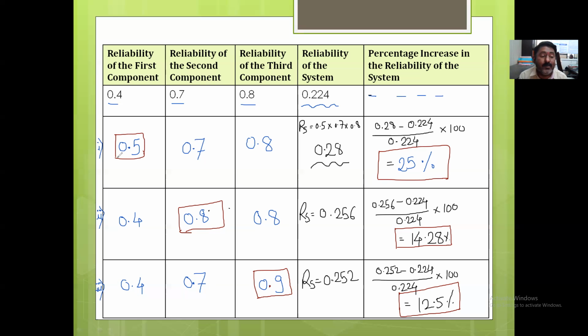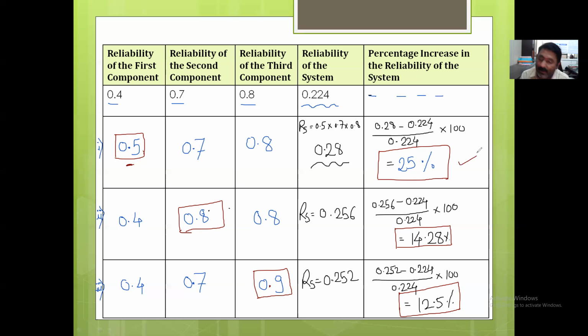It is component number 1. Therefore, if you increase the reliability of the weaker component, that is 0.4, you have achieved the highest. So in one line, if the reliability of the weakest component is increased, then you will get the highest percentage increase in the reliability of the system.